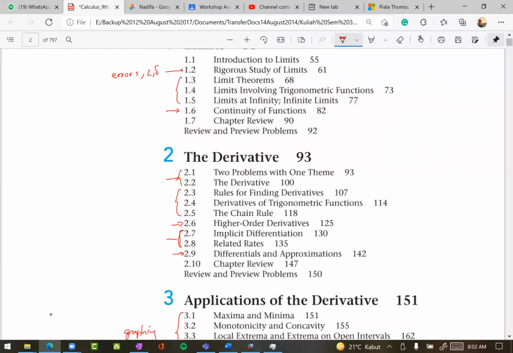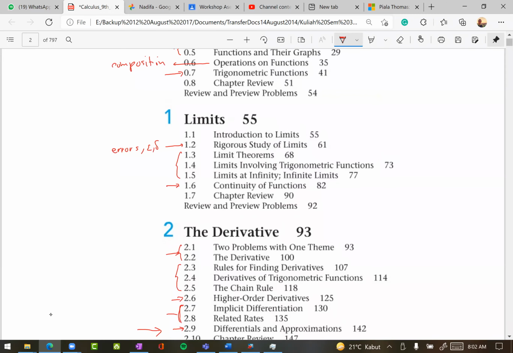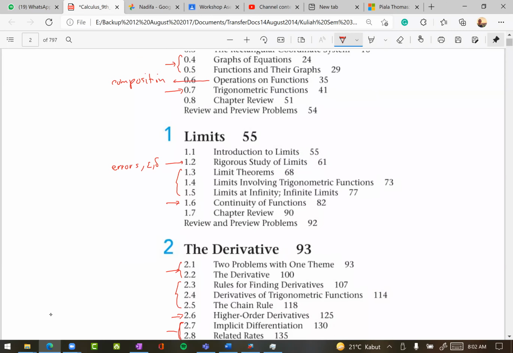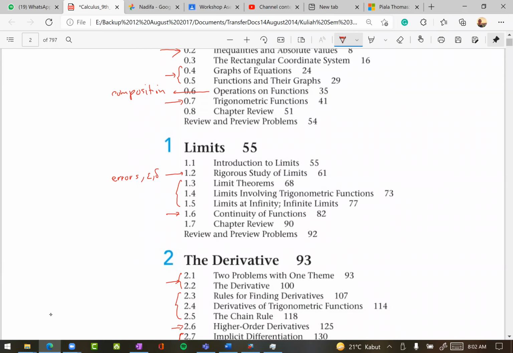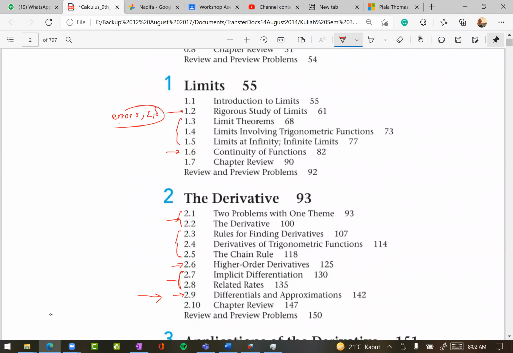They are the same thing, but we have them in two contexts. You have errors in 2.9, and also in the rigorous study of limits. There are errors here. Okay, so which one? The rigorous study of limits. All right.